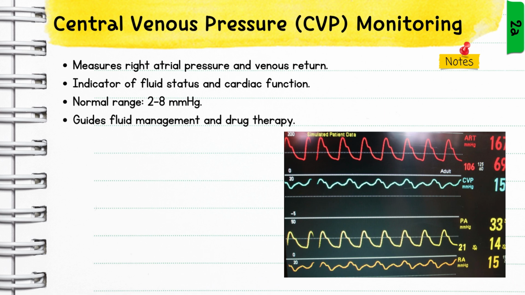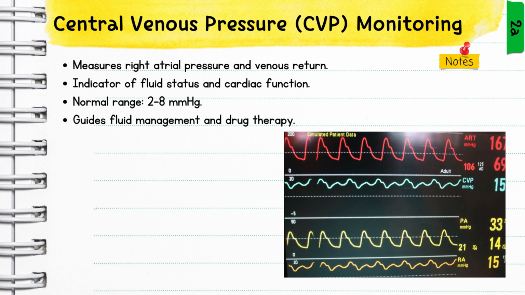Okay. So values outside that range can indicate several different issues. So a low CVP might suggest hypovolemia or dehydration, while a high CVP could point to fluid overload or right-sided heart failure. Okay. So pause that and listen to that again if that doesn't make sense to you.